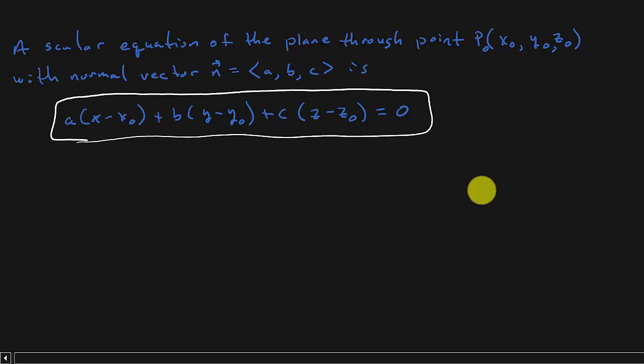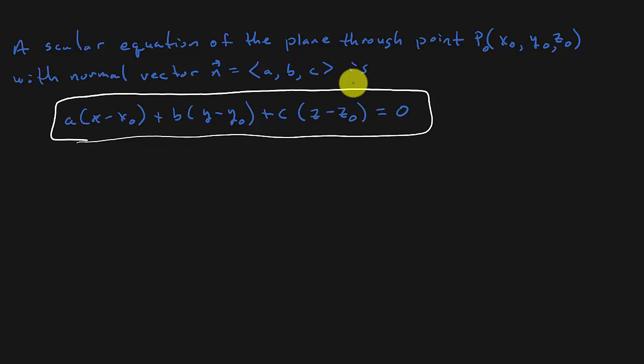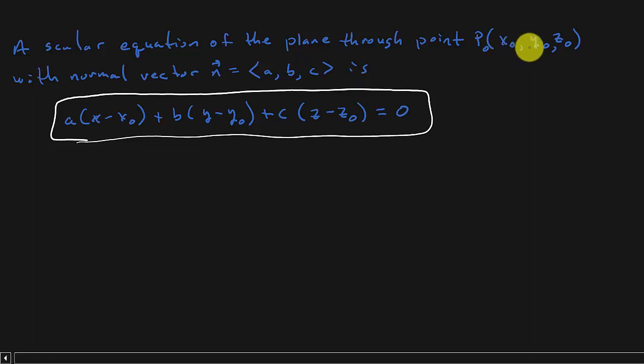For the equation of a plane, we need a point on the plane, and we need a vector that's normal to the plane. That's what we have to have. You can see your point x0, y0, z0 is here, and then your normal vector, there's A, B, C.